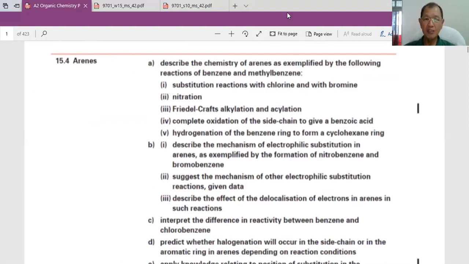I'm going to share my screen and go to a better place for us. Here, let's say if I were to write about what is benzene. Benzene is C... Oh yeah, I cannot write this.